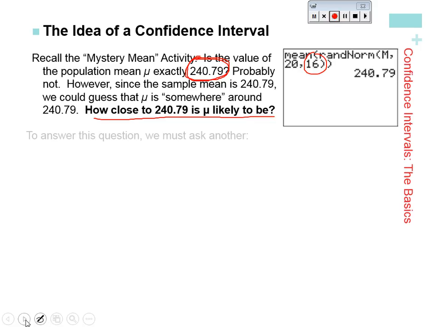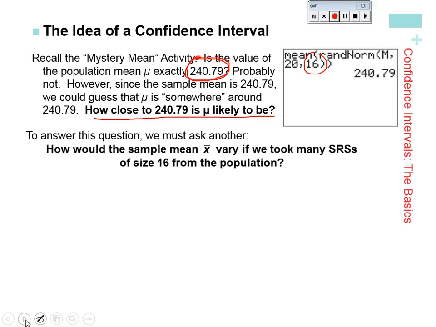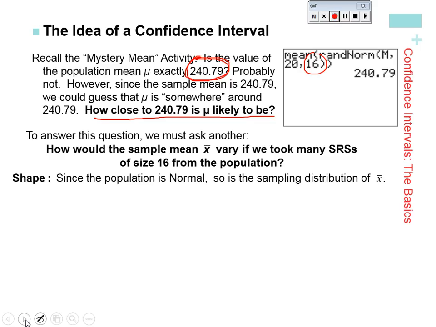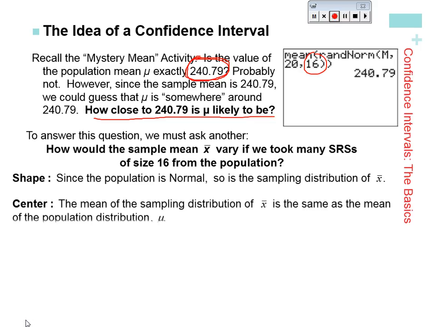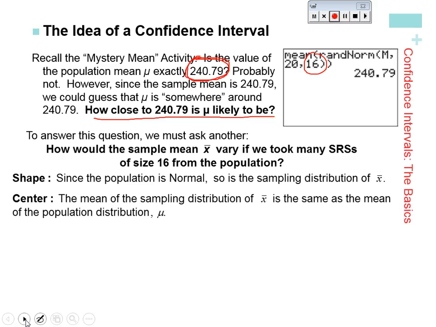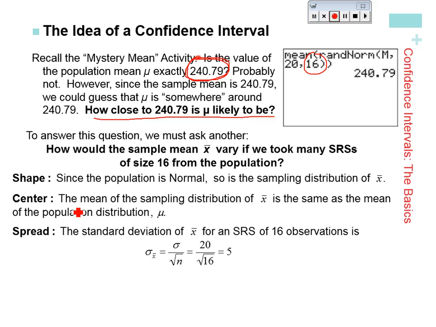So some different things that we would investigate when we're talking about this is the shape, the center, and the spread. So the shape of this would be normal because we know that this sample of 16 comes from a normal population. In that case, since the population distribution is normal, we can assume that the sampling distribution is normal.